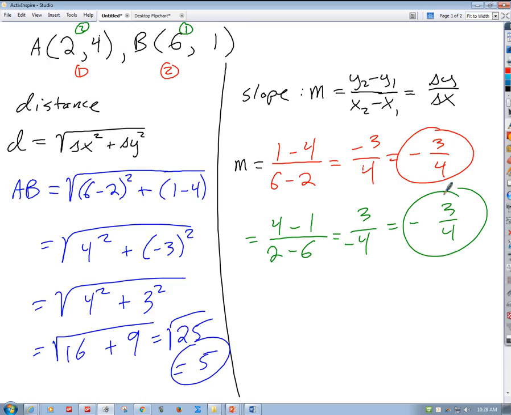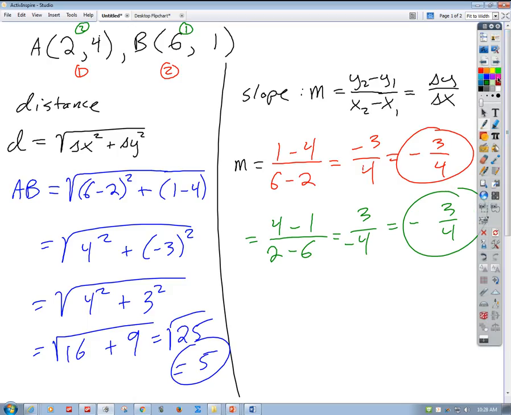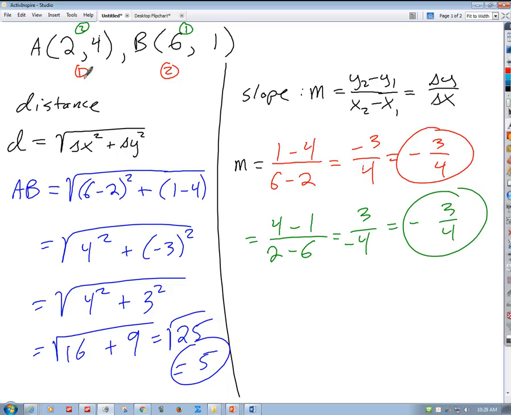Now, is there a preferable way to do this? I would say slightly. Which way do you think is probably better, the red or the green? The red, yeah, it is. How do we know how to get the red one instead of the green one to start with? Well, here's the hint. When you want to assign a number to the points, you always want to pick the point with the smaller x value to be point number 1, not point number 2.